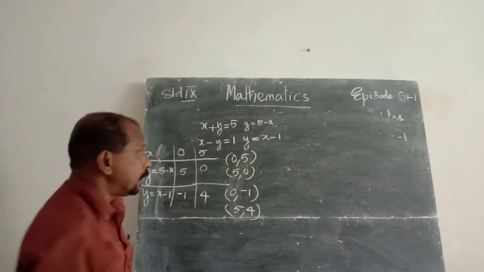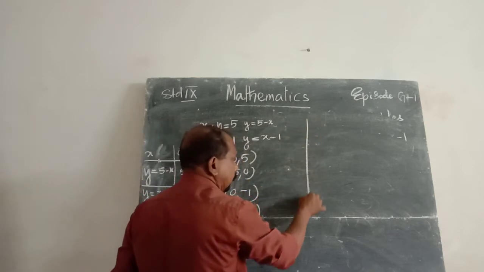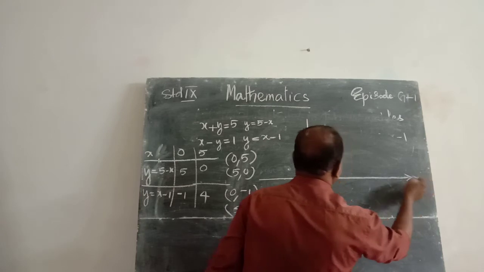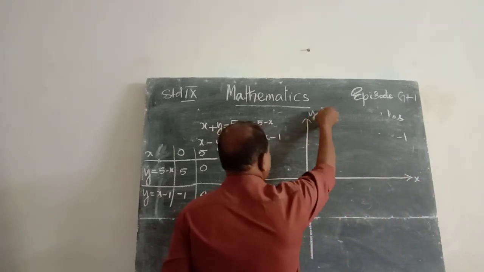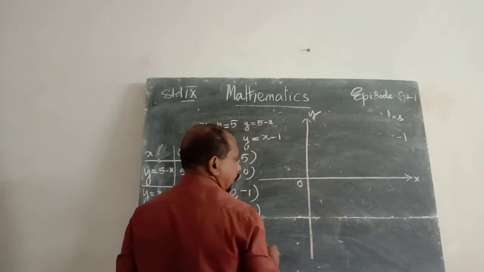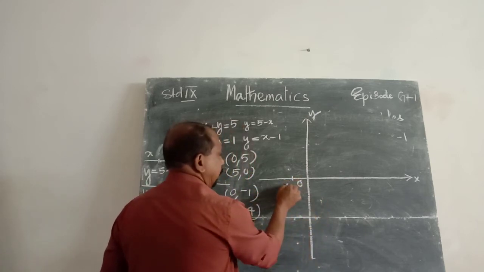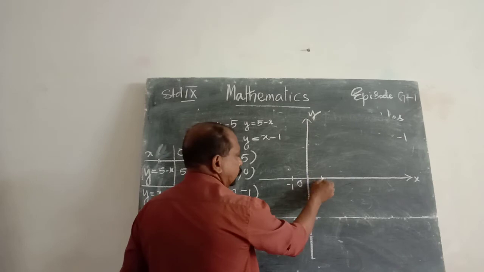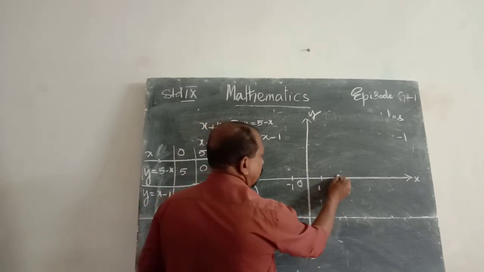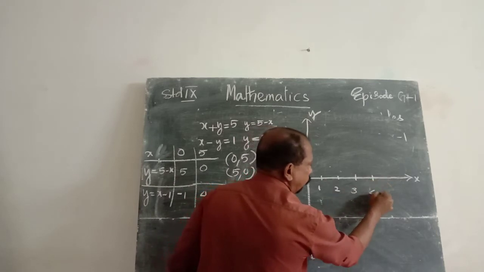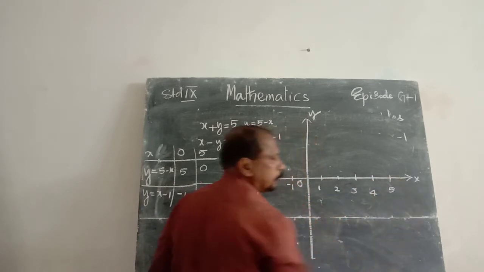Then let us consider the coordinate geometry, that is the xy axis. Origin is O, that is 0, 0. Then this one is minus 1. This one is 1. Then 2. Then 3 equal divisions. Then 4 and 5.